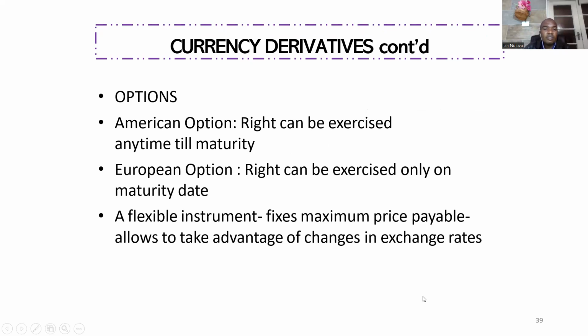And then with options, we have American options and European options, in addition to the nomenclature of put and call options. With American options, the right can be exercised anytime till maturity, whereas with European options, the right can only be exercised on the maturity date.